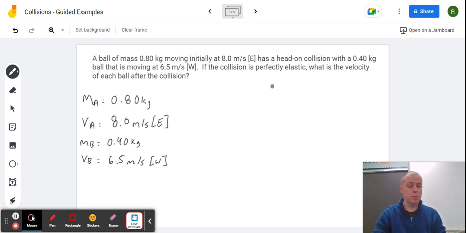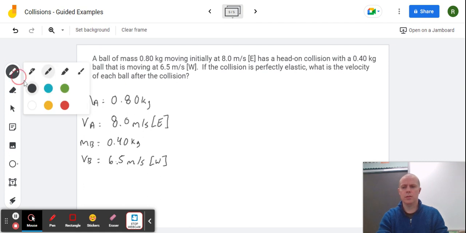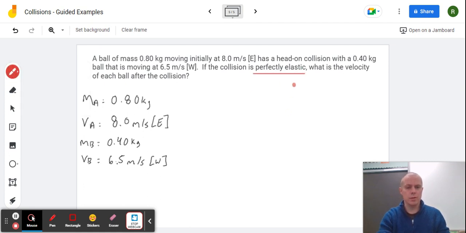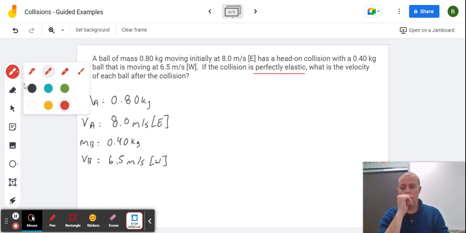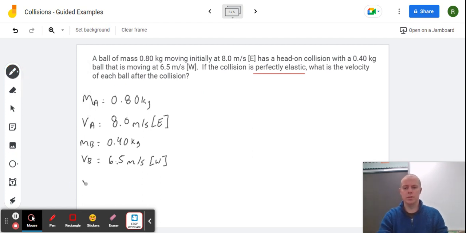If the collision is perfectly elastic, so kinetic energy is conserved, what is the velocity of each ball after the collision? So we need VA prime and VB prime. We need to figure out the final velocities of both objects.